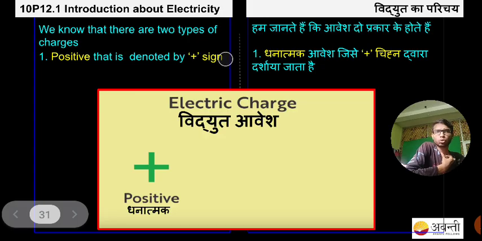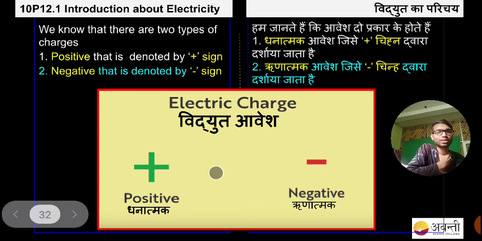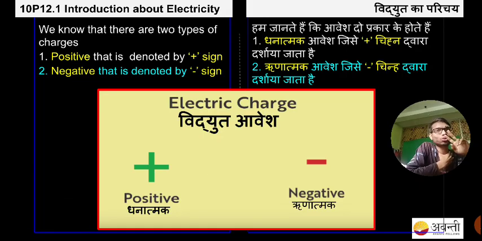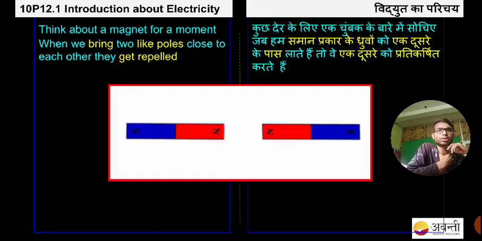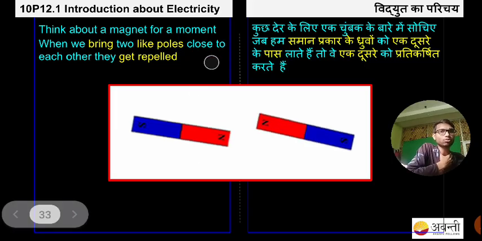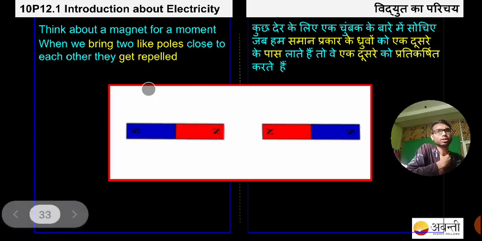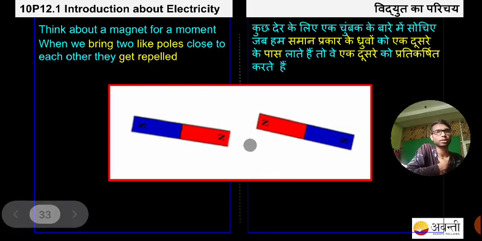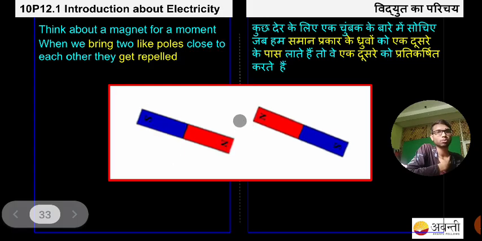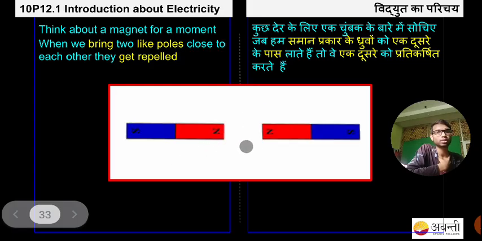We know that there are two types of charges, positive and negative charges. First positive charges, and next negative charges. These are only two charges. Think about a magnet: when we bring two poles close to each other, they get attracted if they are different. If both are the same, then what will happen?